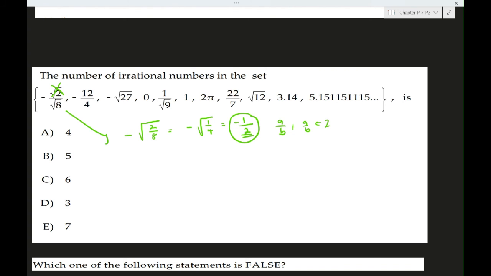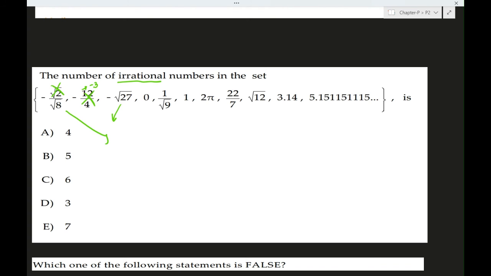Now, if you go to the second one, it definitely is not irrational, because this is minus 3. Remember, we're looking for irrational. Then here we have the minus square root of 27.